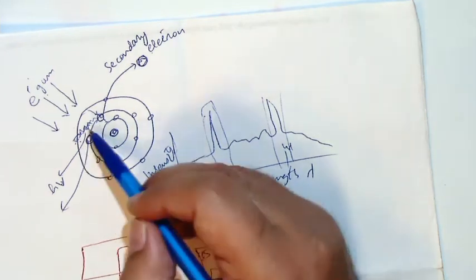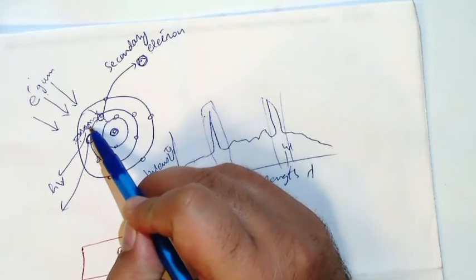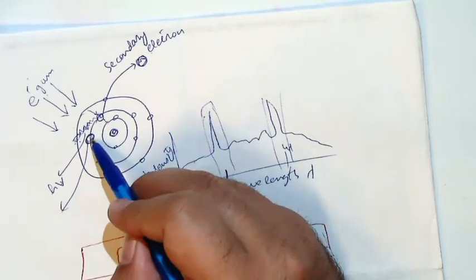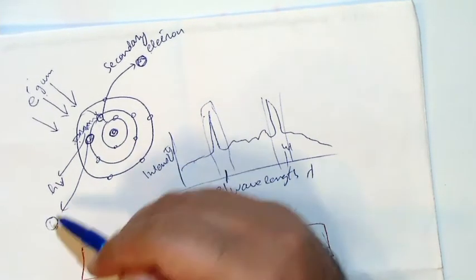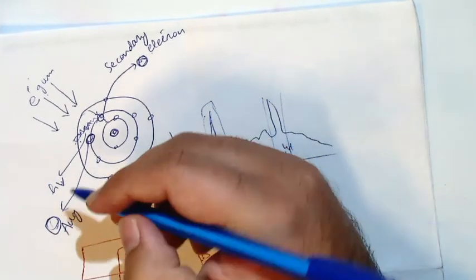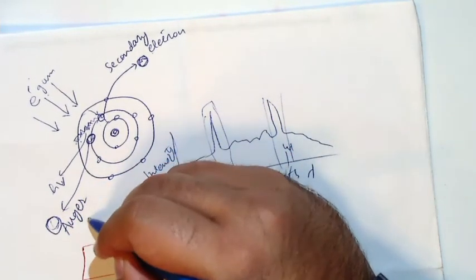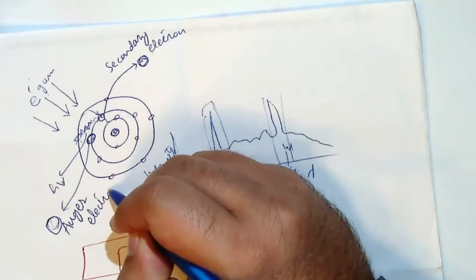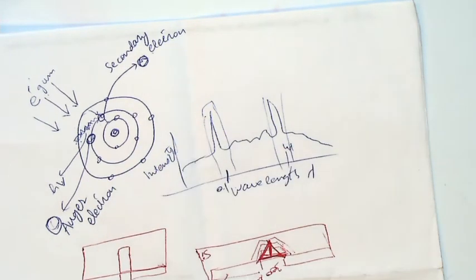And when this is ejected because of this X-ray which is being released, then these electrons are called, anyone knows? Auger electrons, okay?